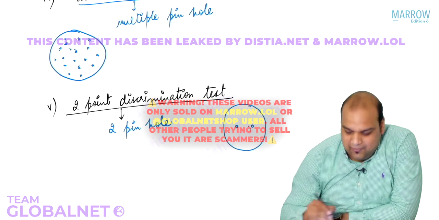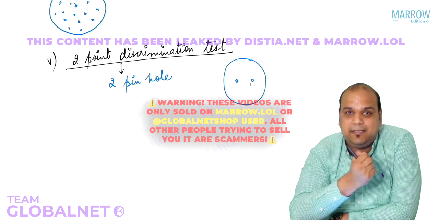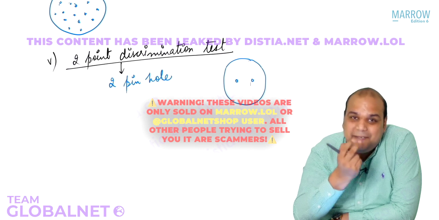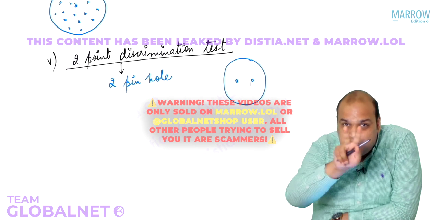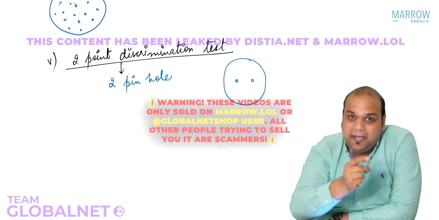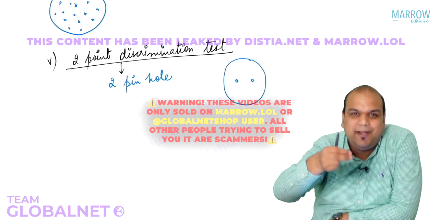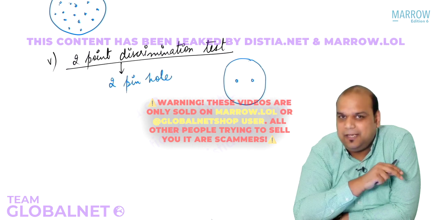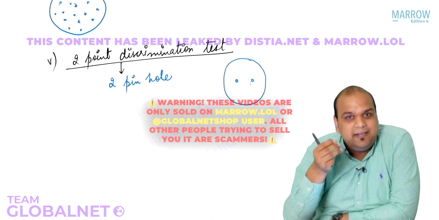Okay, everybody? What is this doing, everybody? Only 2 rays of light are going from 2 different points. If those points are visible separately, that means 2-point discrimination is present. But if those 2 points are visible singly, that means resolution is not there. Minimum resolution is not there. 2-point discrimination test. Am I clear to everybody? So these are certain other uses of pinhole apart from the main use that we have discussed here.